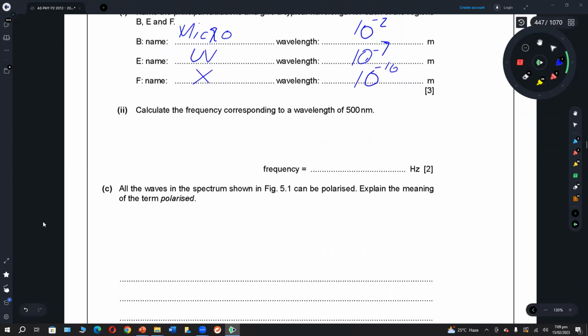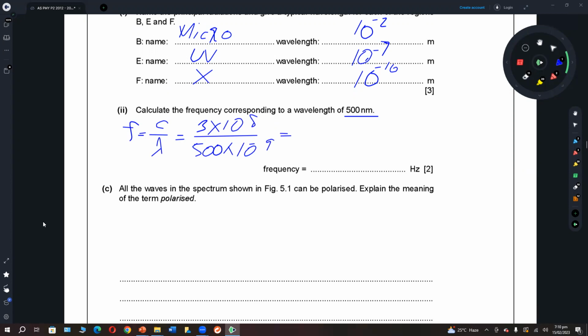Calculate the frequency corresponding to a wavelength of 500 nanometers. So the formula is f equals c upon lambda, and it is 3 times 10 to the power 8 upon 500 nanometers. Now, can you help me with the calculation?